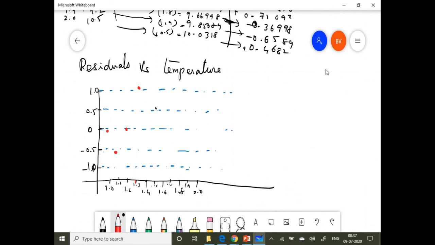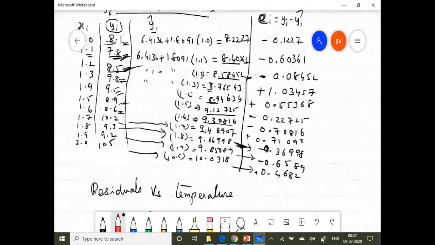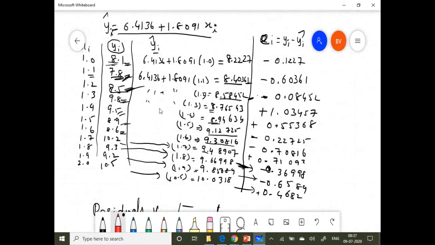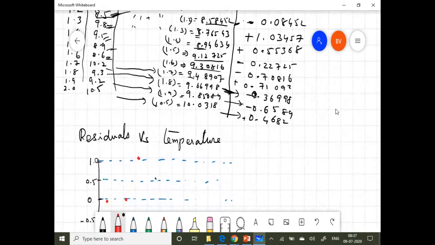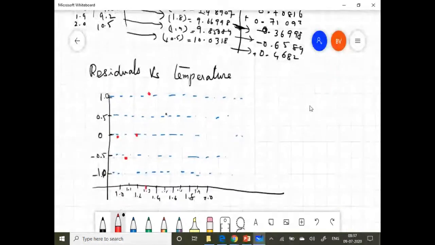Now for x is 1.4, come here, positive 0.55, near to positive 0.5, which is above 0.5, isn't it? For x is 1.4, this is positive, very close, 0.55.